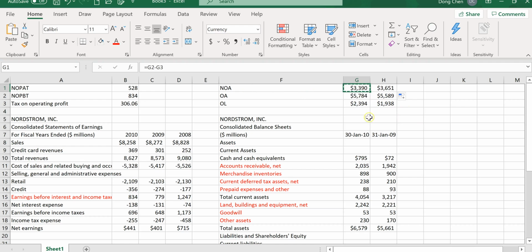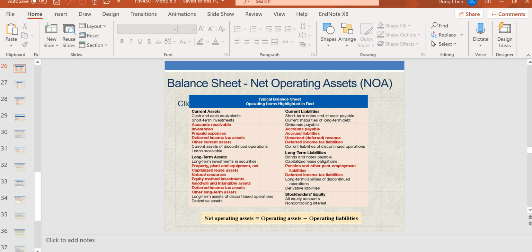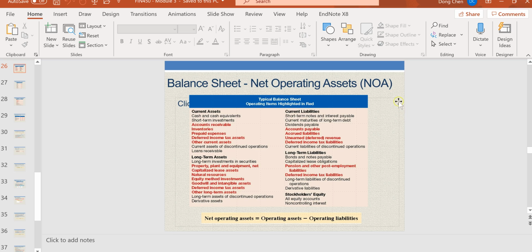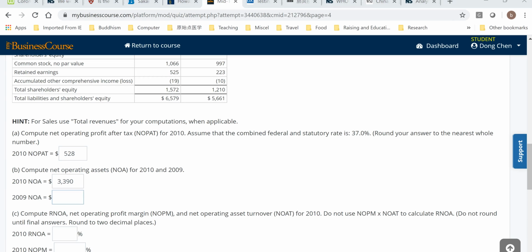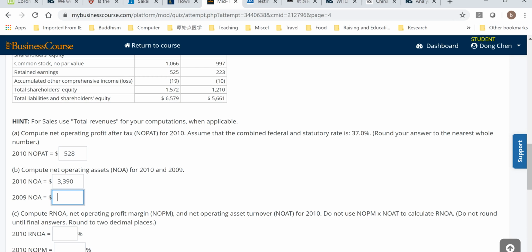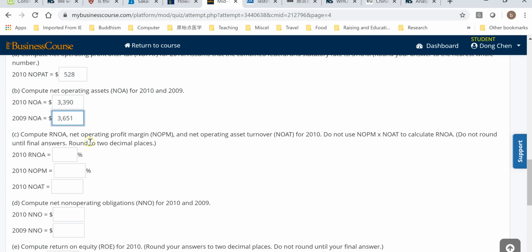This is the number we need for net operating asset for 2010, and for 2009 we just copy the same. Similarly, we just copy that number back to 2009 and compute return on net operating asset.